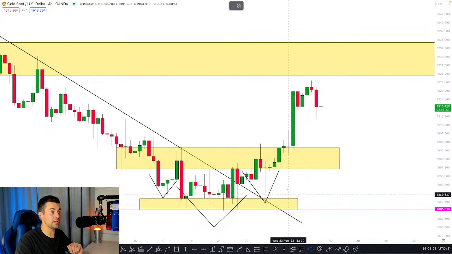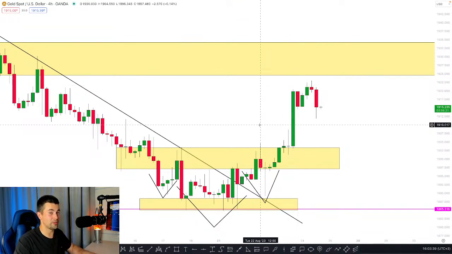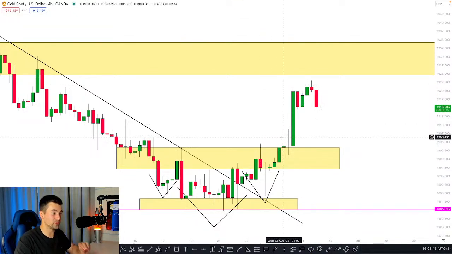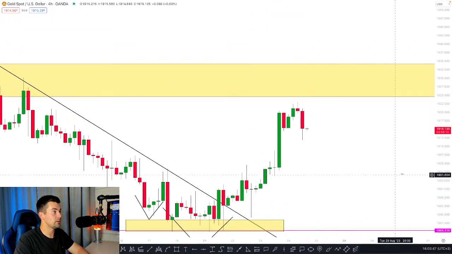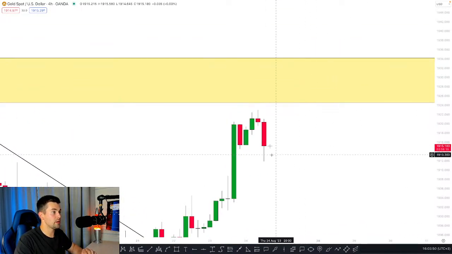And you can see that the price successfully violated the neckline of the pattern, and after that we formed this high momentum bullish candle. Yes, the so-called imbalance, right? So what is happening with the market now? Let's check what is the situation here.